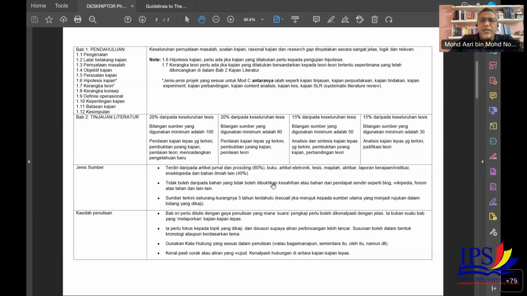Some people misunderstood this part by thinking, how can I claim this when I'm doing this research? This is not your claim. This is evidence from the findings of the past researchers. The past studies have shown this.